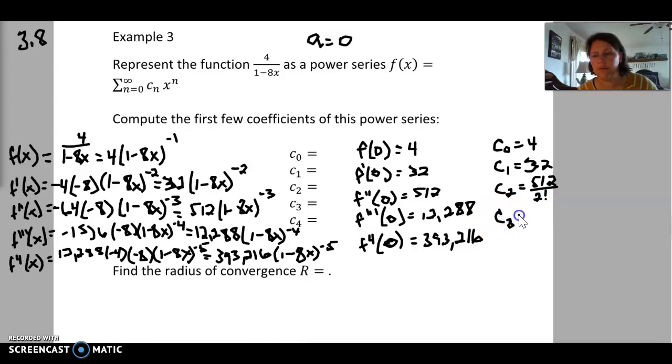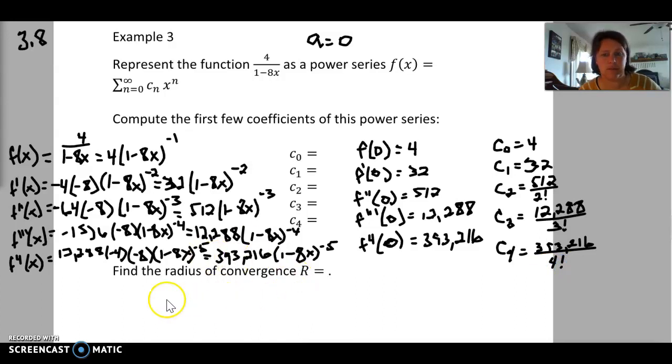C sub 3 is going to equal 12,288 divided by 3 factorial, which would be the same as 6. And then c sub 4 would equal 393,216 divided by 4 factorial, which would be 24.